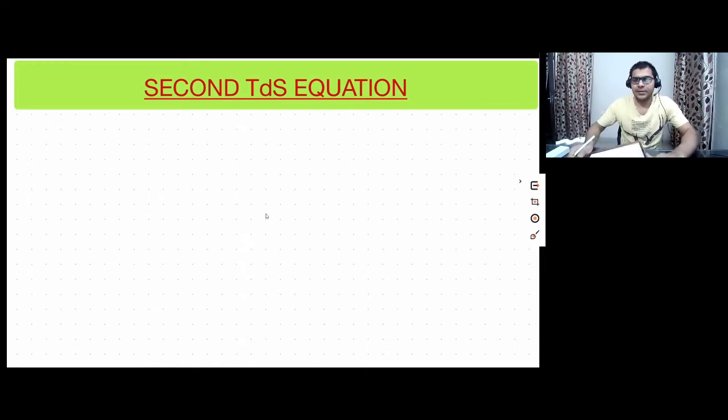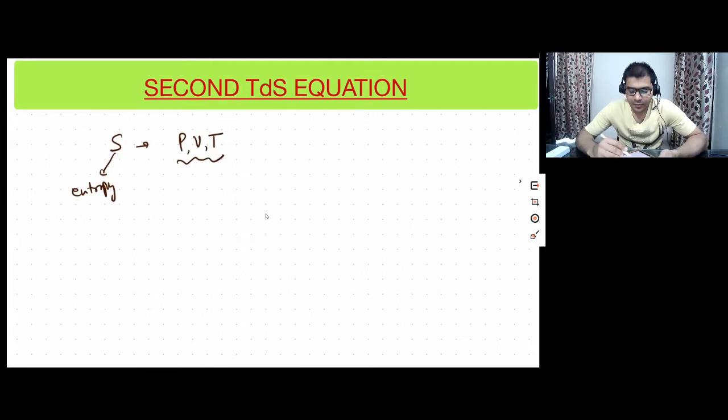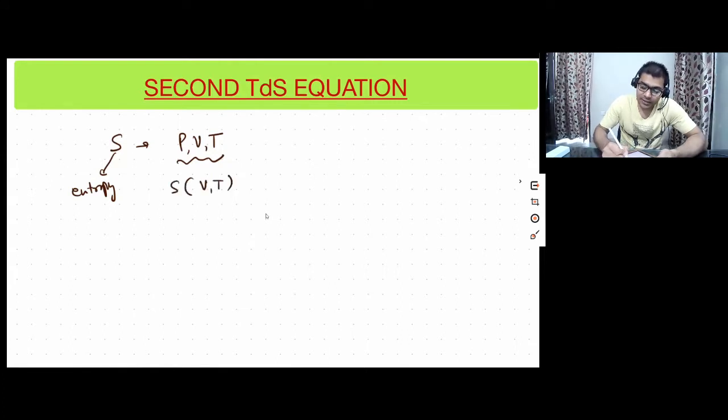So let's get started. In the previous video, I talked about how the entropy of a pure substance can be represented by a function of two variables out of these three at one time. Like we took different cases: S could be taken as a function of V and T, S could be taken as a function of P and T, and S could be taken as a function of P and V. We took the first one in the last video and derived the first TdS equation.